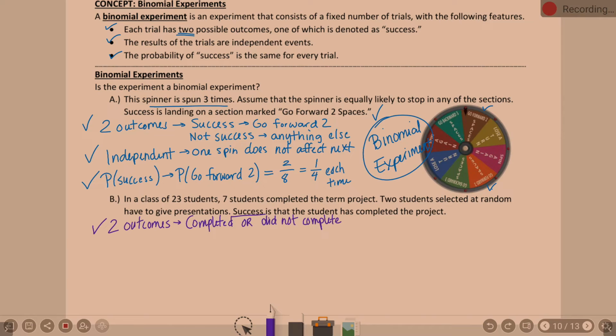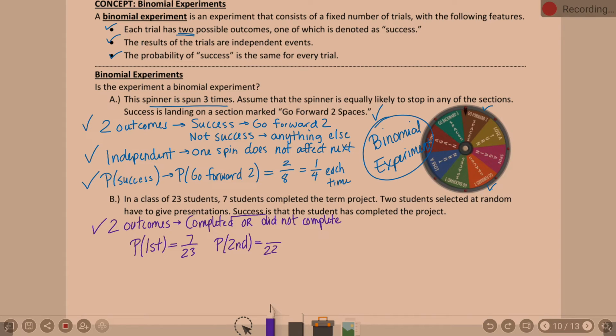So what's the probability of the first presenter? Probability of the first person presenting that has completed the project is what? 7 out of 23. What's the probability of the second person presenting? 6 out of 22.